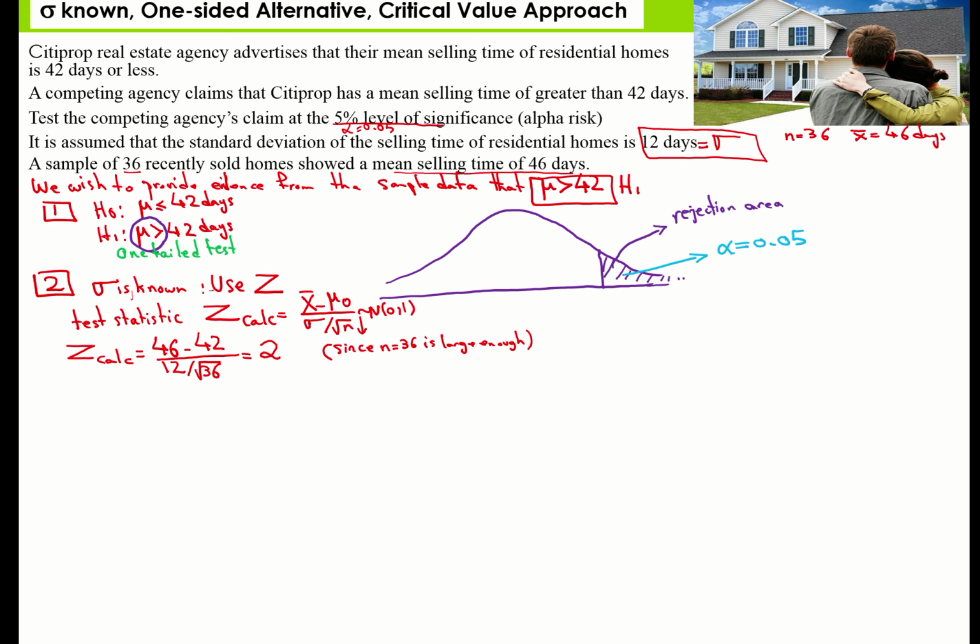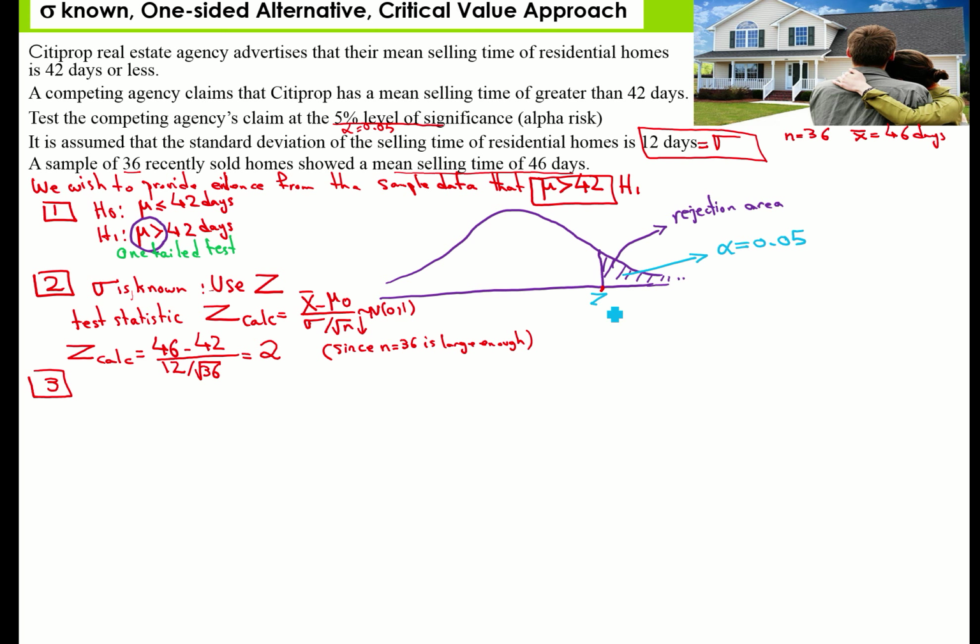Now we have to check whether the z calculated is in the rejection area or not. In order to check that, we have to find the z value here to compare the z calculated with, which is called the z critical.